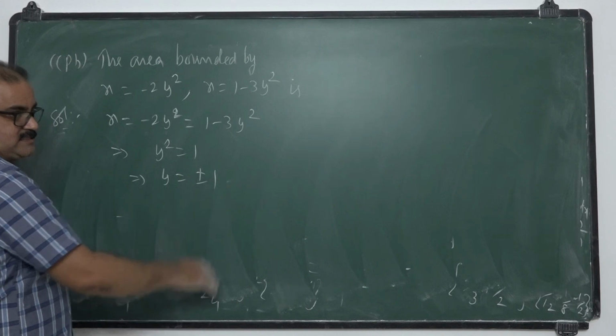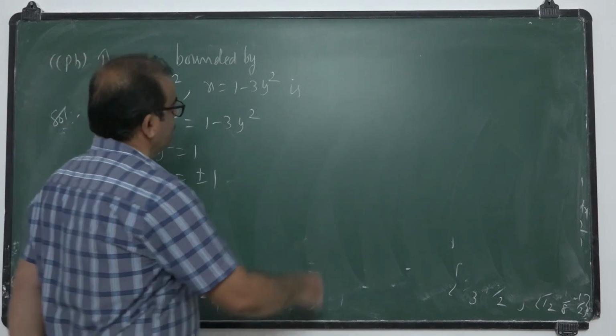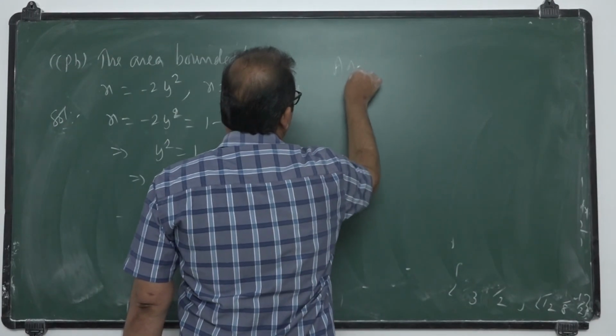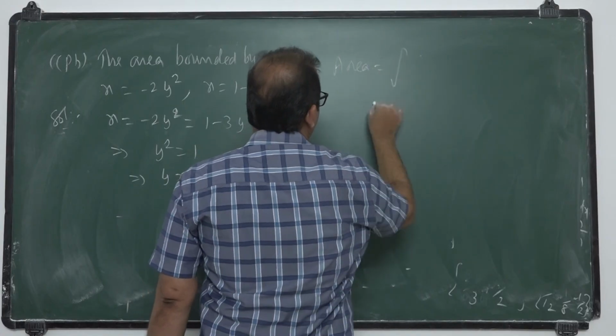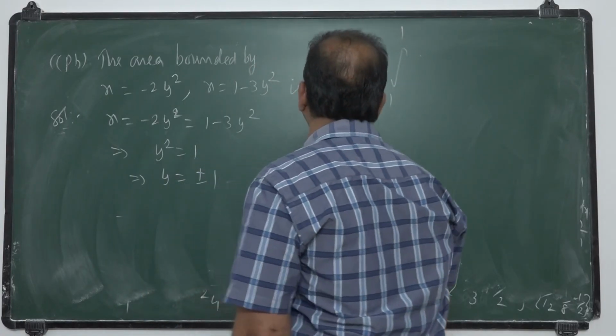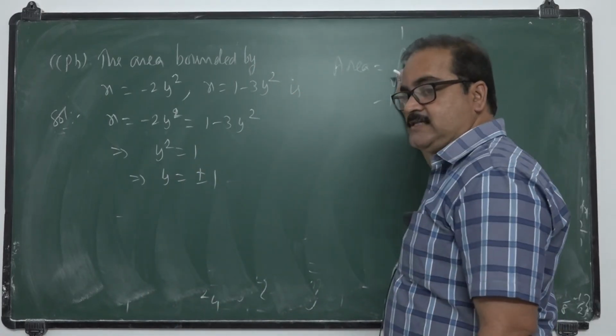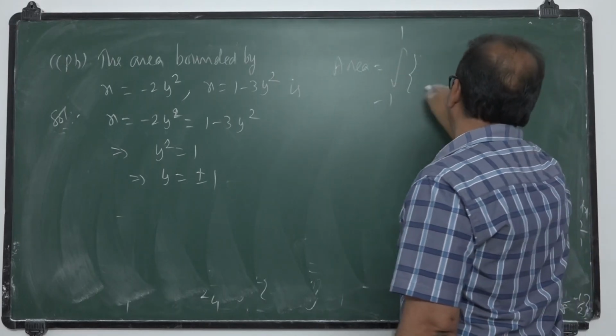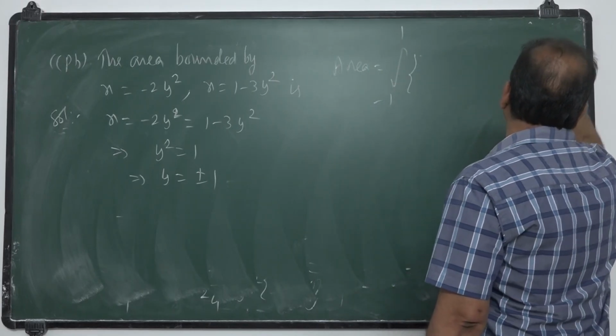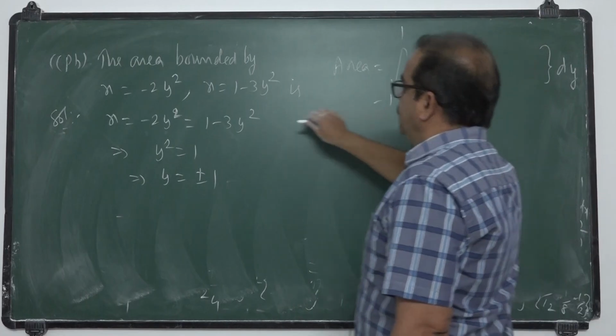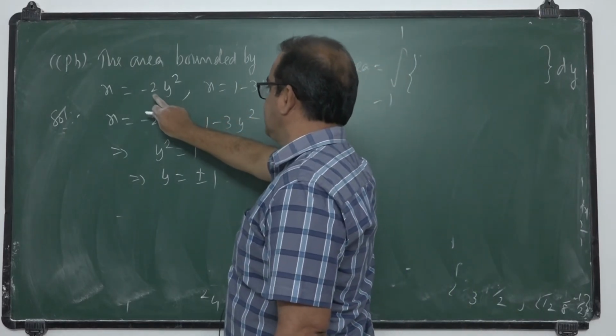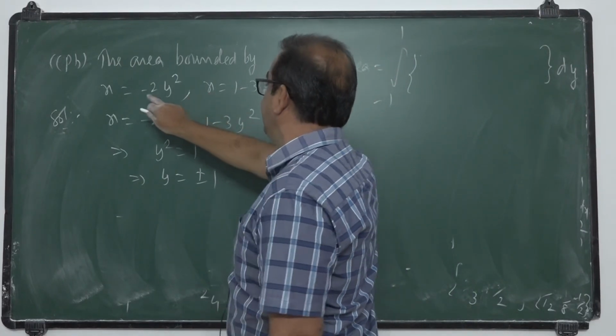Now we consider the y-axis. So area is equal to, what are the limits of y? Minus 1 to plus 1. If you consider the y-axis, integrate with respect to y, dy. From the first curve, what is the x value?